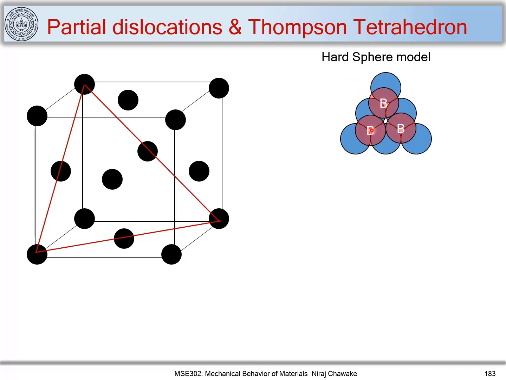When this B layer slides over an A layer of atoms, it will slide from this position of B to another position. So you have a lattice translation occurring from this position to this position, and that is a/2 <1, 1, 0>. Let us mark this direction. So from this position to this position is a/2 <1, 1, 0>.